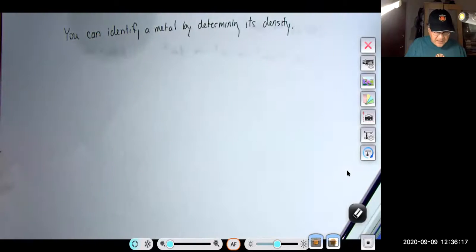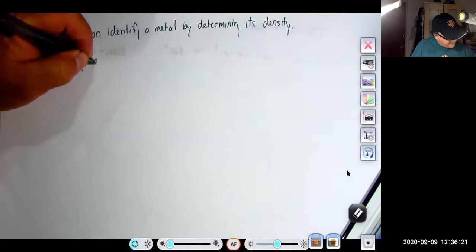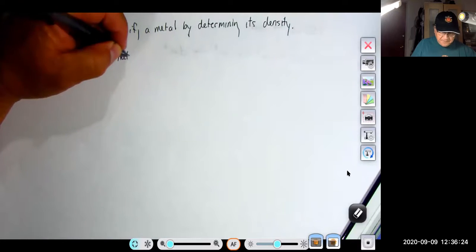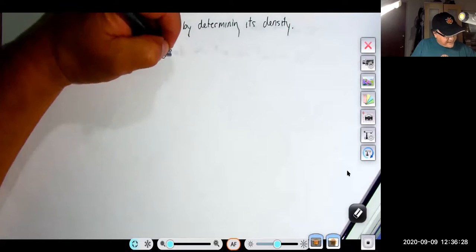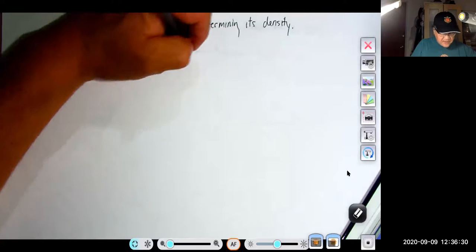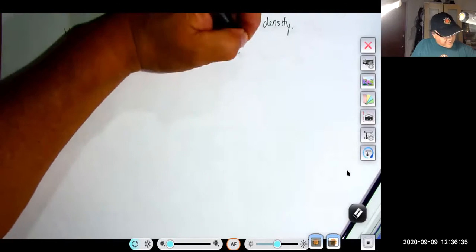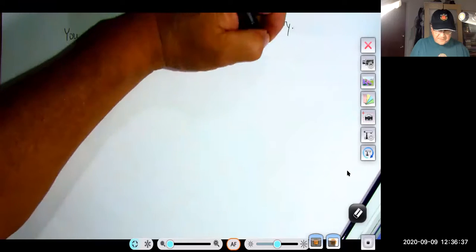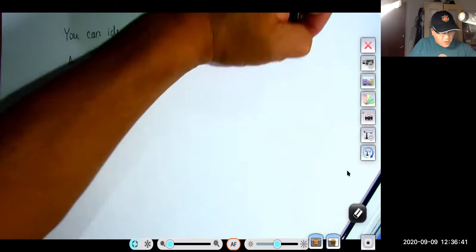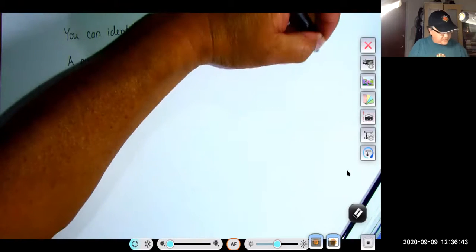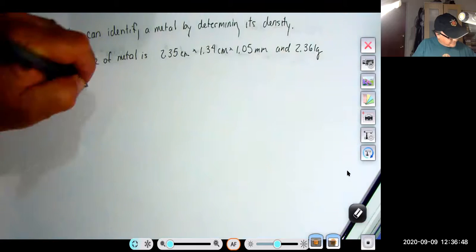And here we have a piece of metal that is 2.35 centimeters by 1.34 centimeters by 1.05 millimeters, and is 2.361 grams. Which metal?